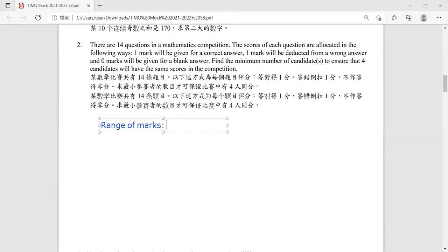If you get all the questions wrong, you will get negative 40 marks. If you get all the questions right, you will get 40 marks. Including 0, if you leave the whole question bank blank, you will get 0 marks. So the number of possible marks is 81.